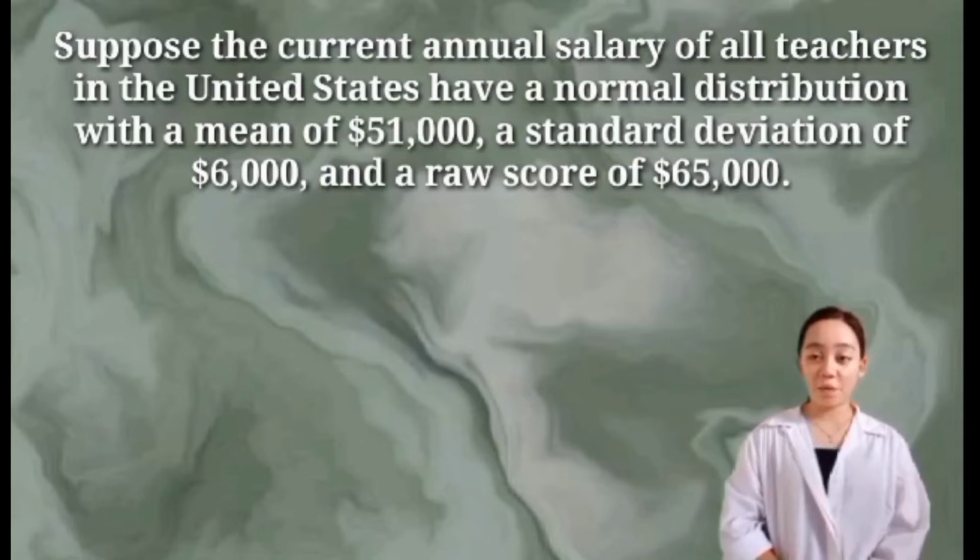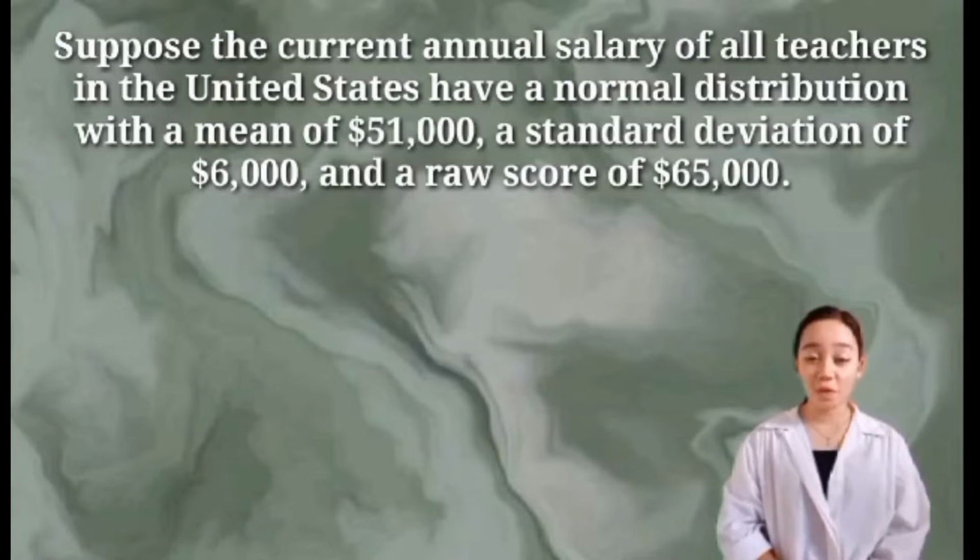For example, suppose the current annual salary of all teachers in the United States has a normal distribution with a mean of $51,000, a standard deviation of $6,000, and a raw score of $65,000.